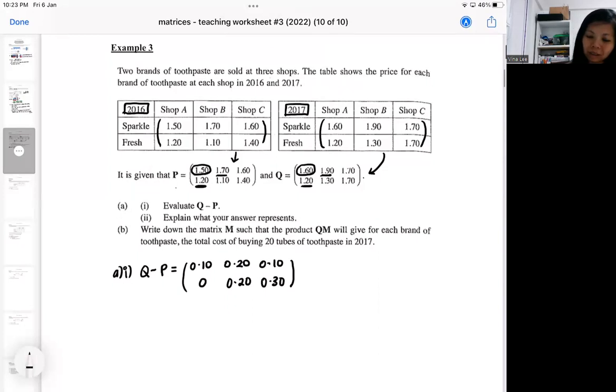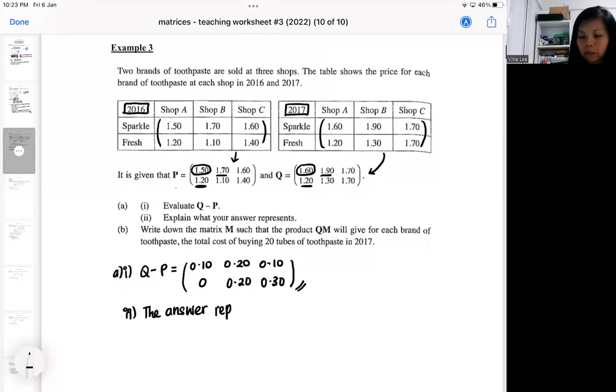So what do the numbers represent? You can describe the answers. There are 6 numbers in the matrix. Of course, you can choose not to explain each of the numbers.